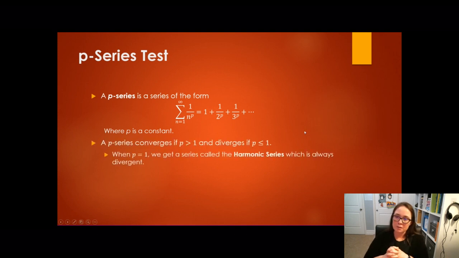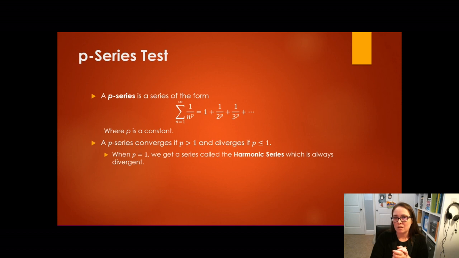And so a p-series is going to converge if the exponent there, that constant exponent, is greater than 1, and diverge if it's less than or equal to 1. So if I have some kind of fraction here as the exponent that's unchanging with each term, then it would diverge. Now, when p equals exactly 1, so I would end up with just 1 over n at that point, that's a very special case we refer to as a harmonic series, and that one's divergent, as we can see from the p-series.